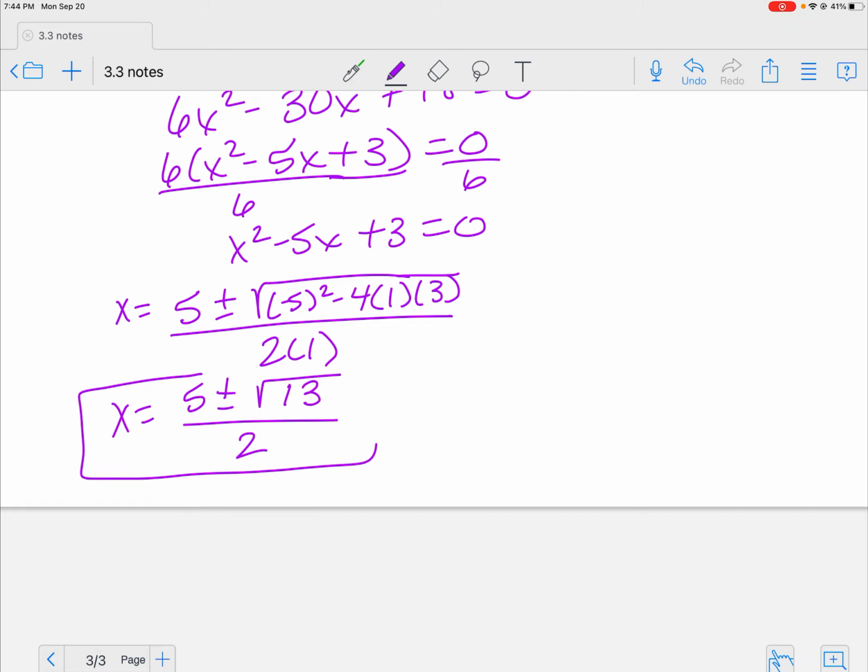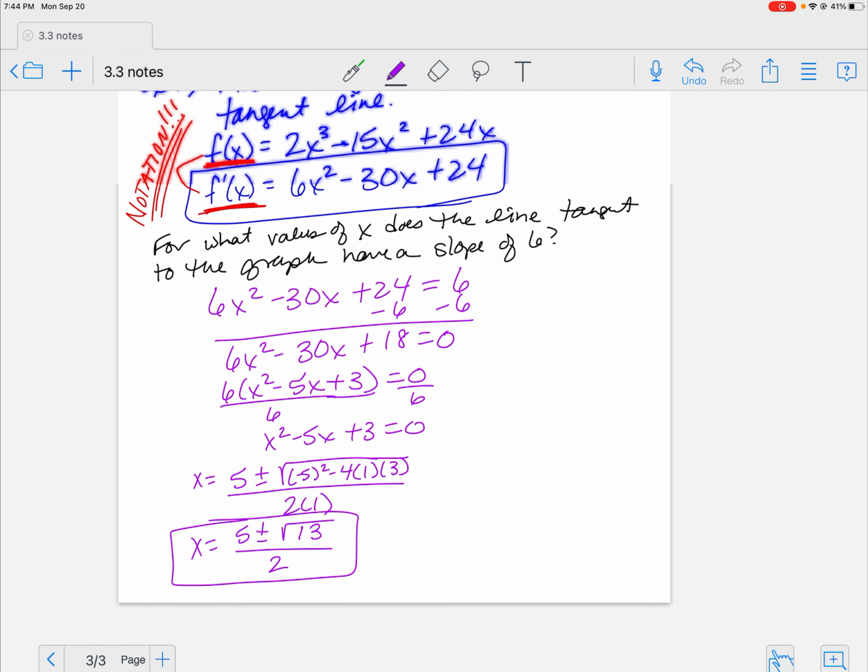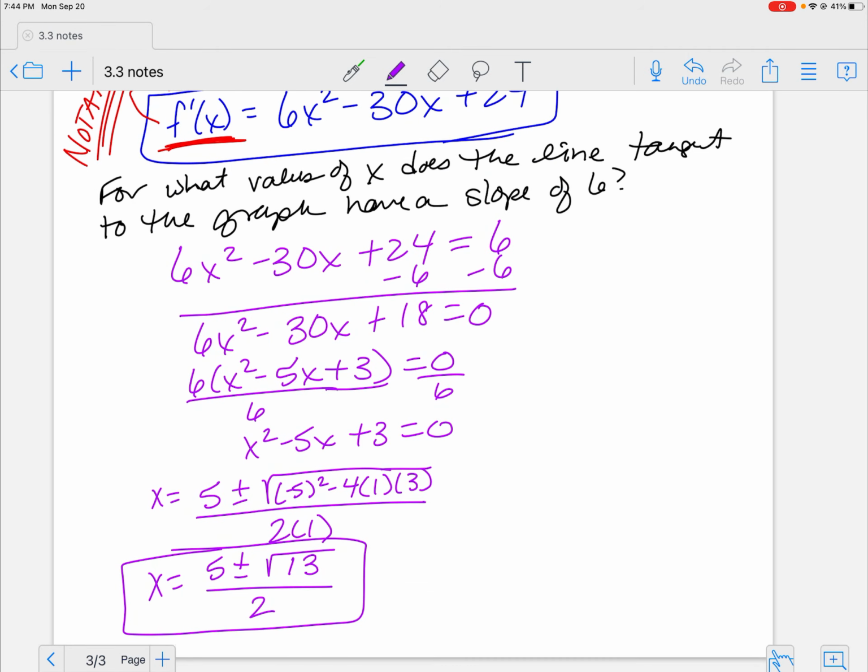So, that is where. It's not on a pretty little grid, is it? But that's where. Where x is 5 plus the square root of 13 divided by 2, I have a slope of 6. Where I have 5 minus the square root of 13 over 2, I have a slope of 6. I have a slope of 6 in 2 different places.